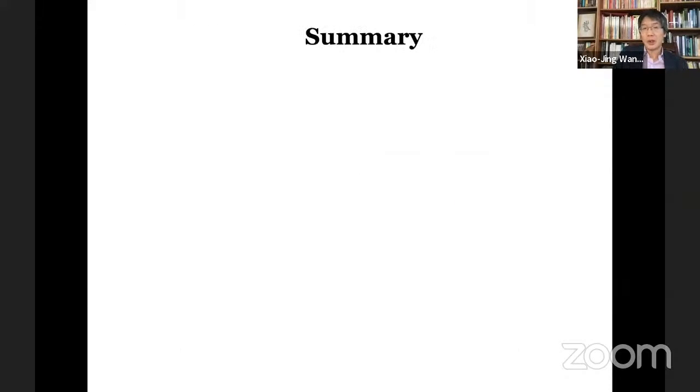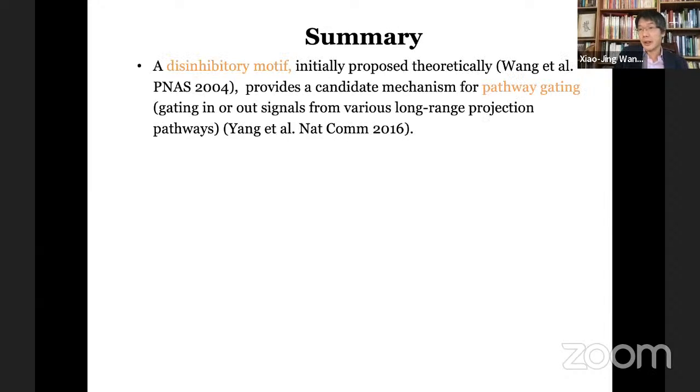So let me summarize. The focus again is about gating. This disinhibitory motif, which is widely known today, was actually initially proposed theoretically, and we propose it provides a potential mechanism for what we call pathway gating.